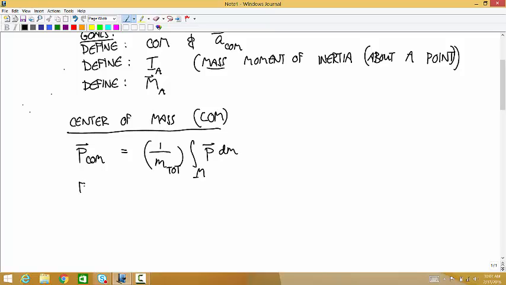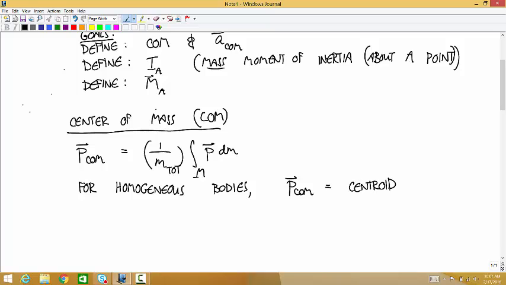For homogeneous materials, so that's an object that's all the same material all the way through, there's no differences as you move from point to point, the position of the center of mass is equal to the centroid.